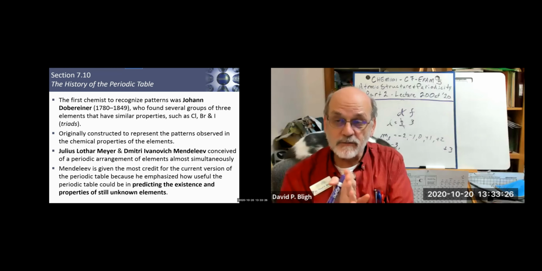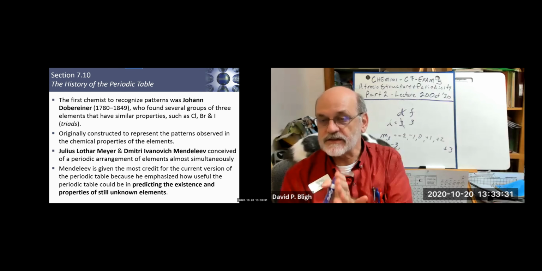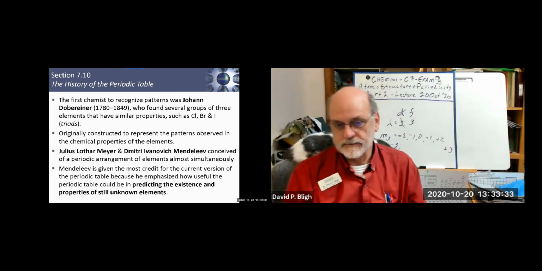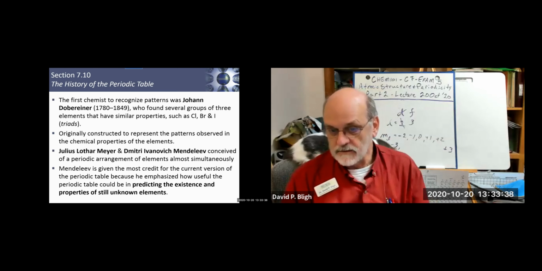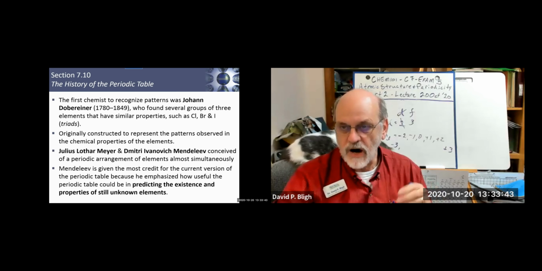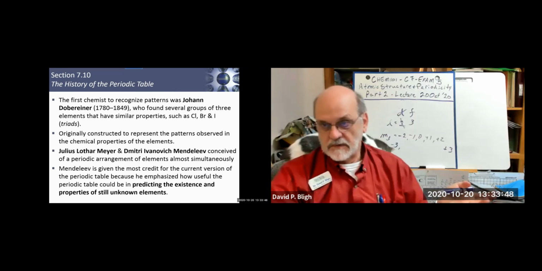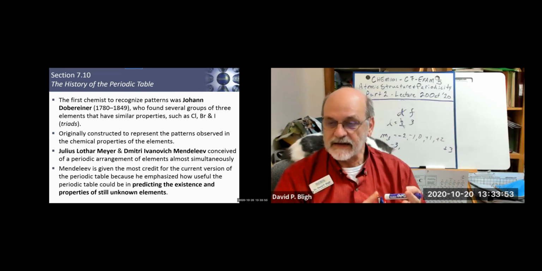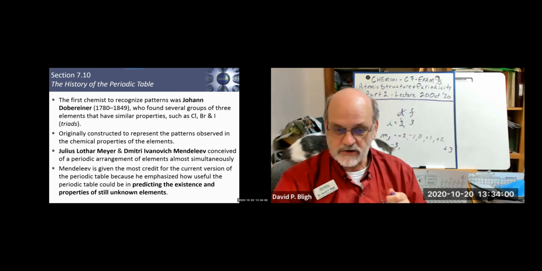He used that information to predict the existence of elements that were not yet discovered. And that predictive power of his periodic table is why we give him credit as the father of the modern periodic table. Because those elements were eventually discovered, and they possessed properties that Mendeleev predicted, including chemical and physical properties. Wherever he was able to do that, he made those predictions.